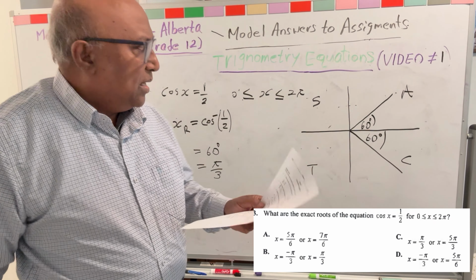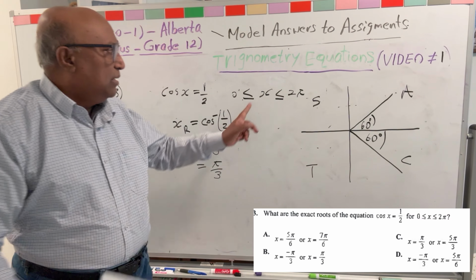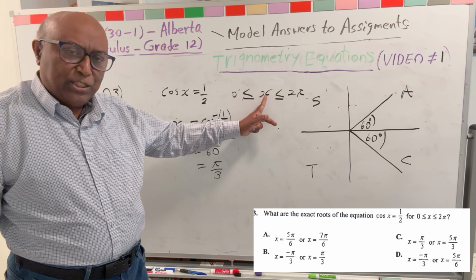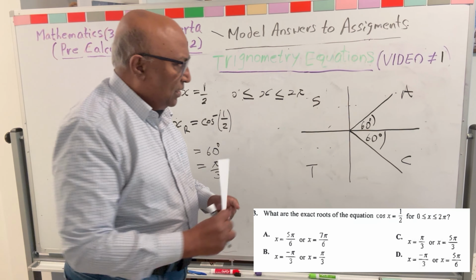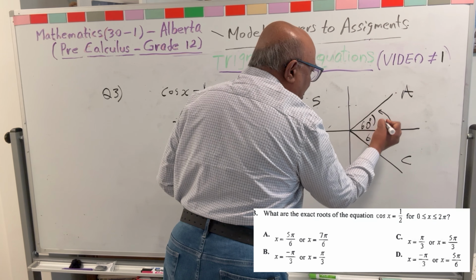Okay. Now we can read this value in this manner. That means you should read the value as a positive angle because the domain has been given as positive angles. That means you have to read the angle in the anti-clockwise direction.